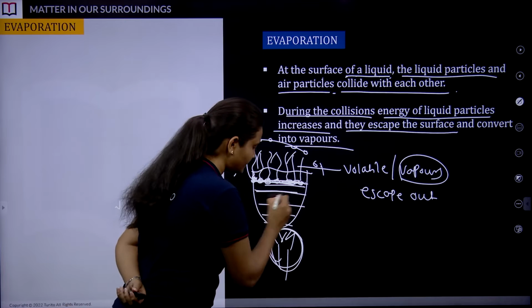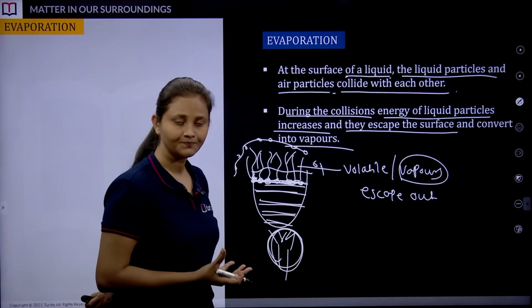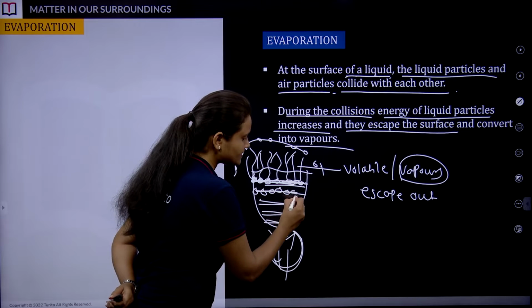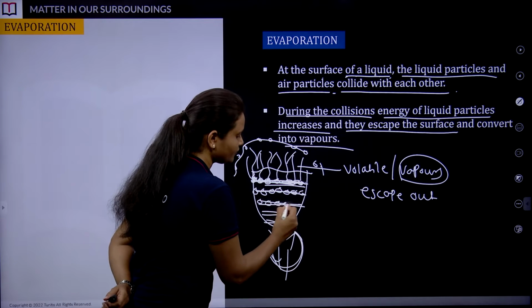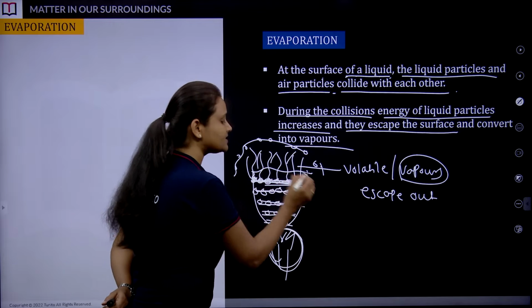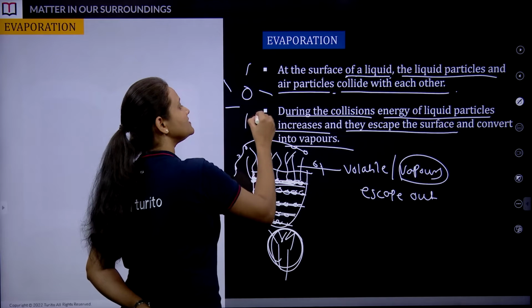Suppose, imagine this is the arrangement of the water molecules inside a bowl, and there are so many molecules in these layers, correct? They are arranged in a proper way, and only the first surface layer is getting exposed to the sunlight.